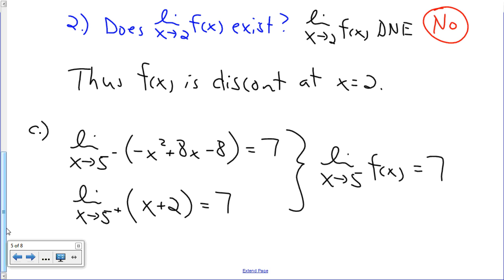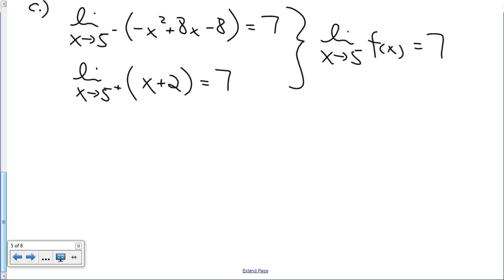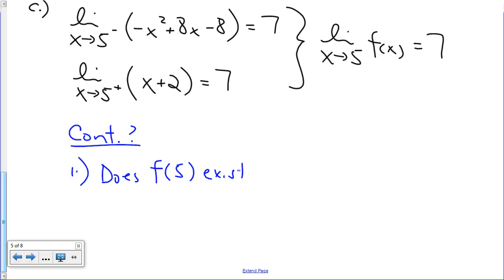Part C also asks, is f continuous at x equals 5? So now we're going back to this definition of continuity. It's a series of questions we've got to answer for ourselves. The first one is, does f of 5 exist? I can take 5 and plug it into my function.